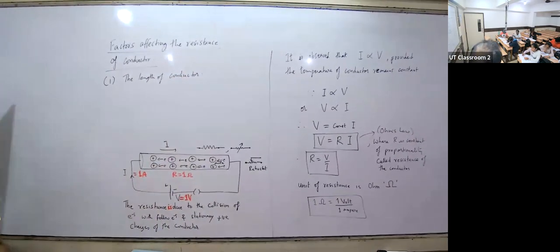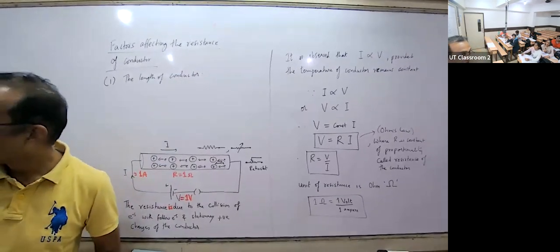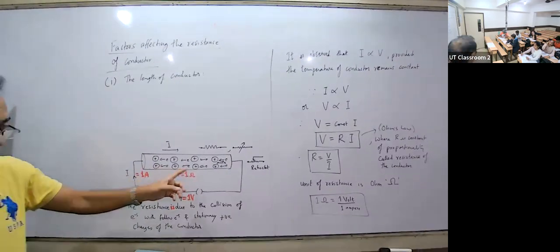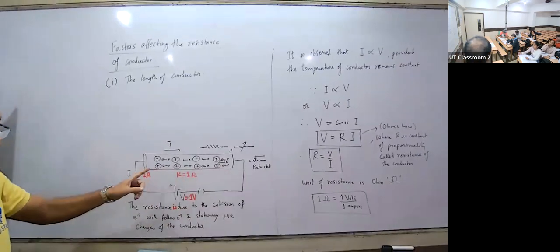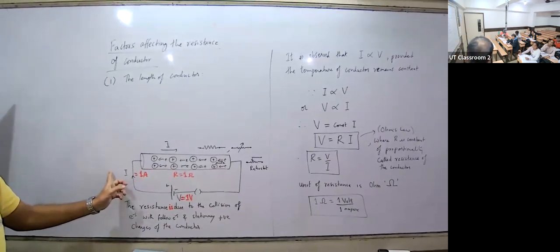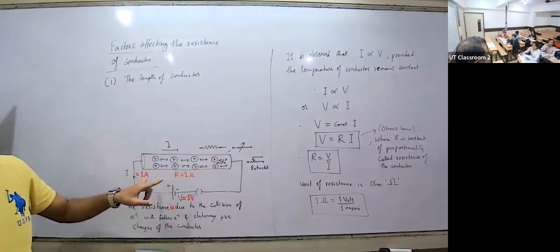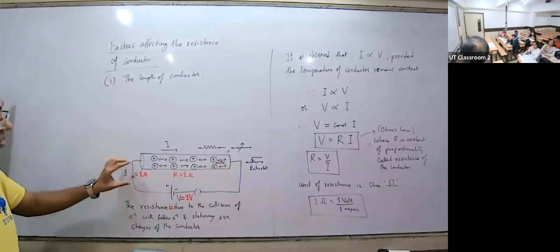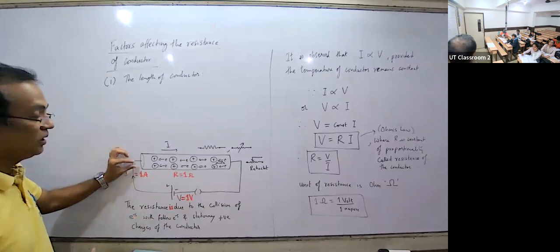What will happen if the length of the conductor is increased? Look here. If I increase the length of the conductor, what happens? The path of the electron increases. So its collisions also will increase. Because if I stretch this conductor, it will become thin.